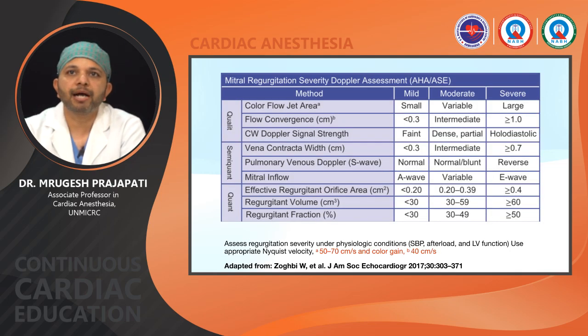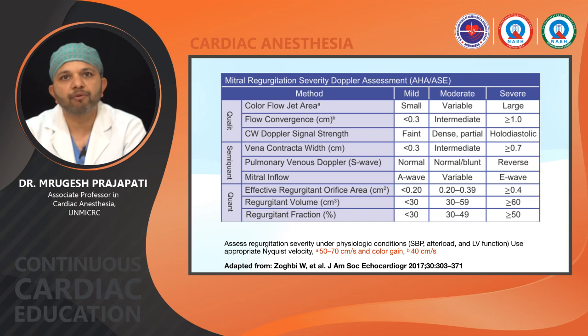So, the American Heart Association and American Society of Echocardiography have classified MR into mild, moderate and severe categories according to different methods, which include qualitative, semi-quantitative and quantitative methods. The qualitative methods include color flow jet area, flow convergence, and continuous wave Doppler signal strength.